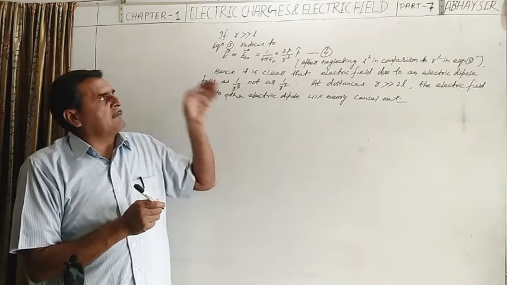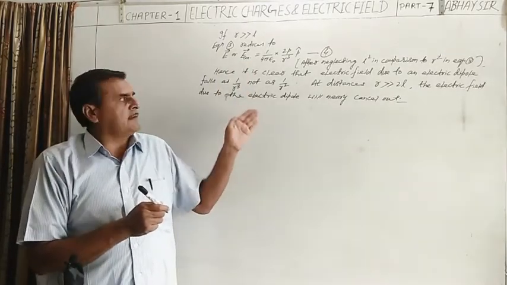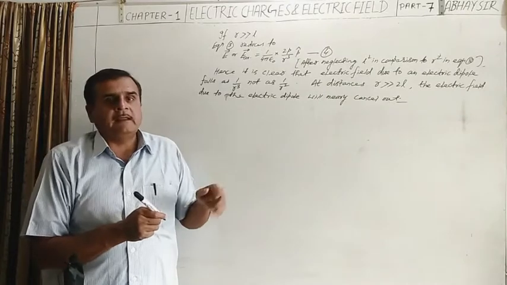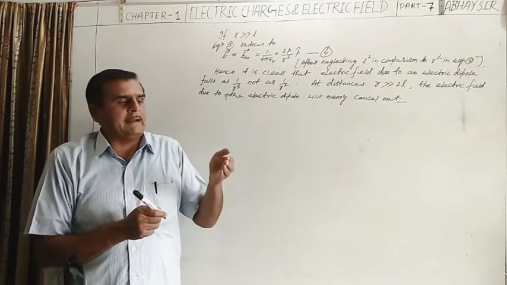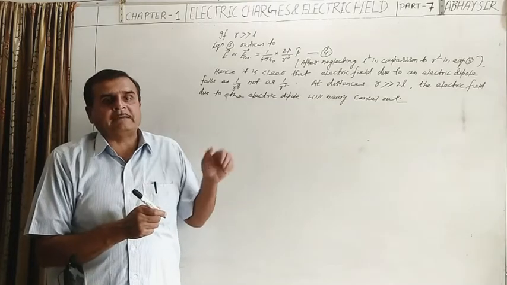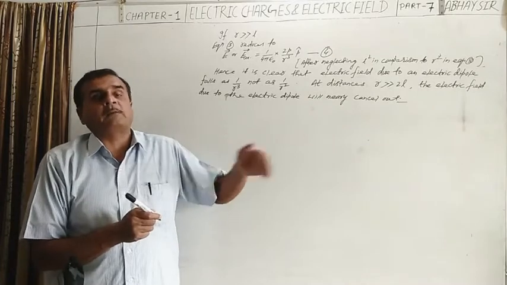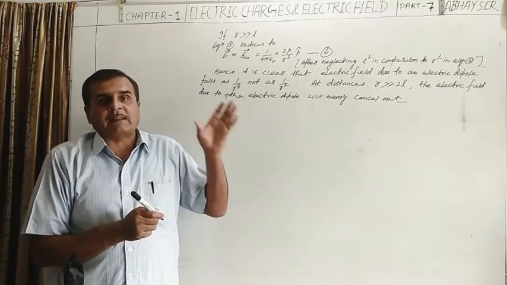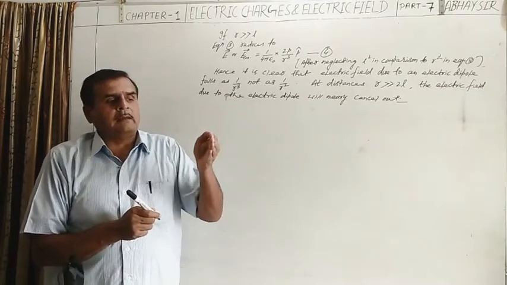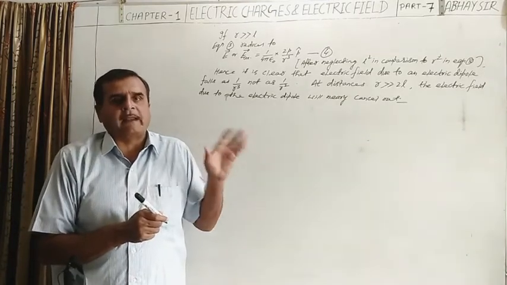Now in the second part of electric dipole, I will discuss the electric field intensity at a point due to an electric dipole at its equatorial point or broadside position, and the torque acting on an electric dipole when it is placed in a uniform electric field.